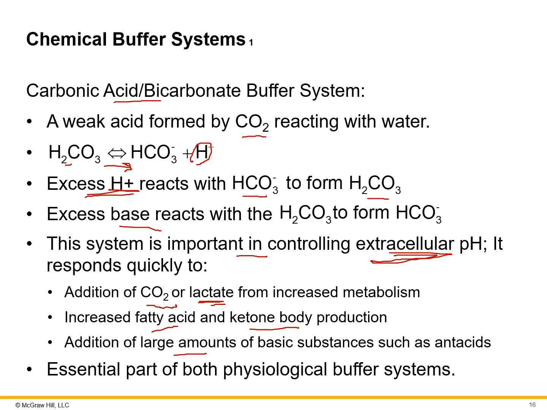In addition, large amounts of basic substances like antacids, if somebody's taking too many antacids, make the pH too high. So again, the bicarbonate system here can respond to that quickly. So these are an essential part of our physiological buffer systems.